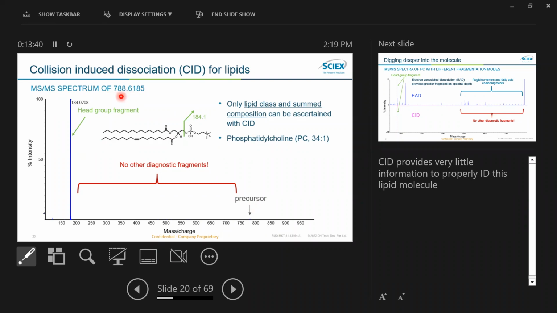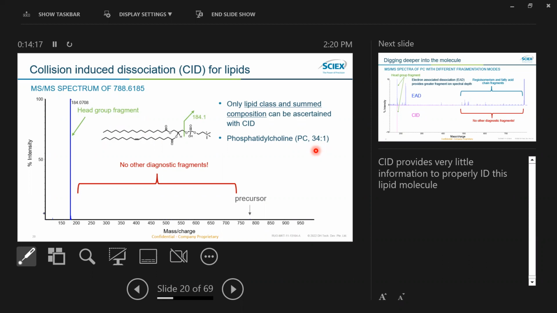This is in positive ion mode, and what you see here is this 184 peak, and that is diagnostic for a choline head group. We have the precursor mass, so we know that this is a phosphorylcholine species. From the precursor mass, we can deduce that this is a 34:1 composition, but other than that, we really don't know a whole lot else about the structure of this phosphorylcholine species.